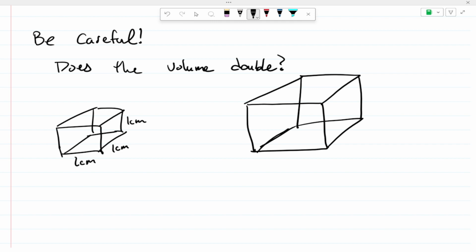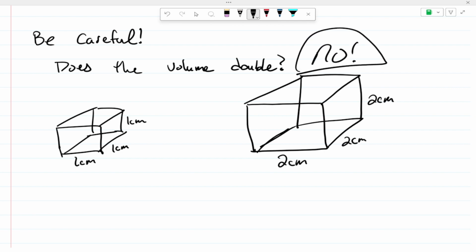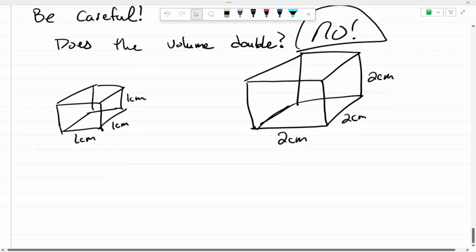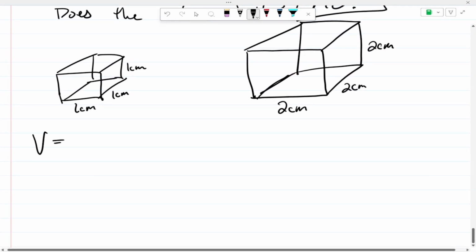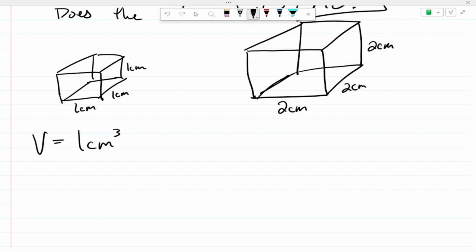Does it double? So if you double the length, or double the height, or double the width, does the volume double? And the answer is no. It actually goes up dramatically. Let me explain to you why. In the first example, the volume of that cube is 1 centimeter cubed.